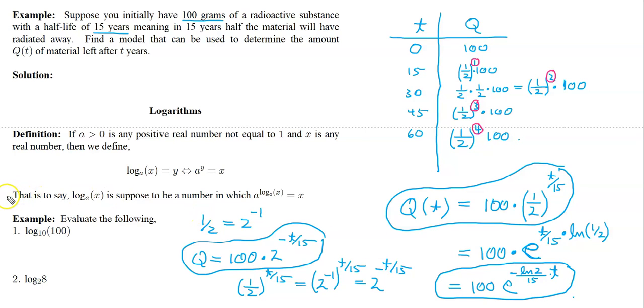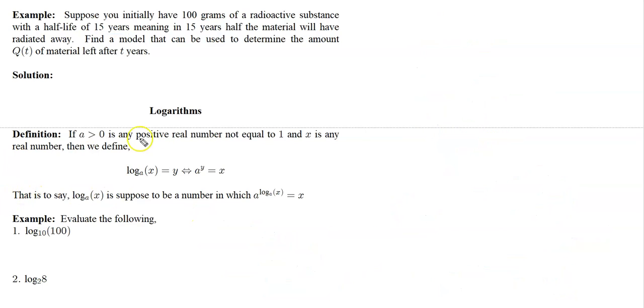Now let's take a look at this. So now we want to take a look at logarithms to the base a and their relationship to the natural logarithm. So here we have a definition for a positive number a that's again not equal to 1, and given any value x, we define the log base a of x to equal the number y if and only if a to the y equals x.